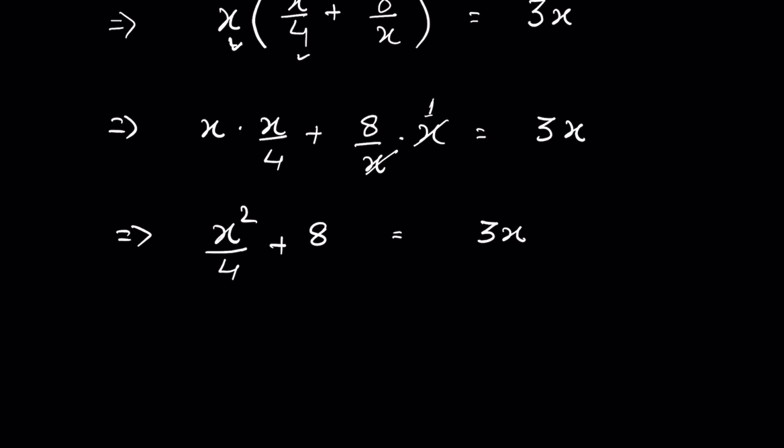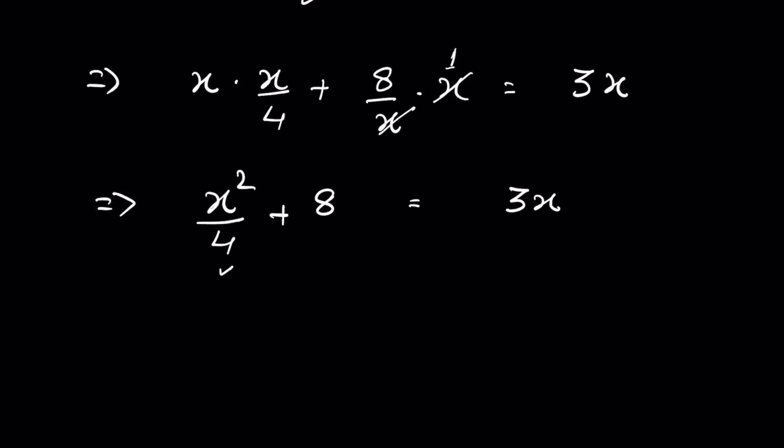Now again, here 4 is the denominator. What we can do, we can put 1 here and get the LCD of 4 and 1, that will be 4. Then 4 divided by 4 is 1 and 1 times x square is x square. Then plus 4 divided by 1 is 4 and 4 times 8 is 32, is equal to 3x.